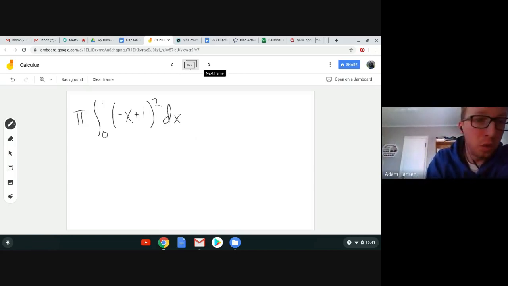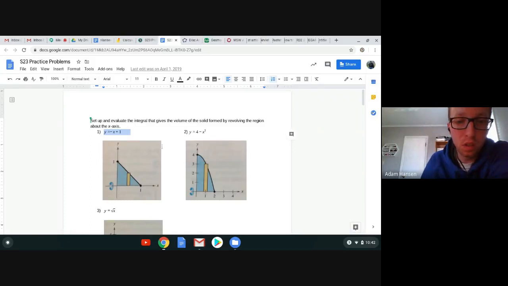The definite integral should be pi times the definite integral from 0 to 1 of quantity negative x plus 1 squared dx. dx gives us the height or depth of this little rectangular disk here.